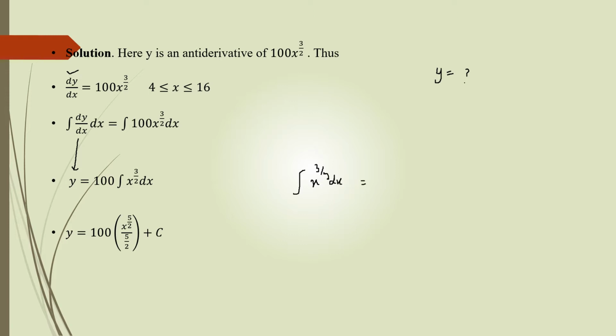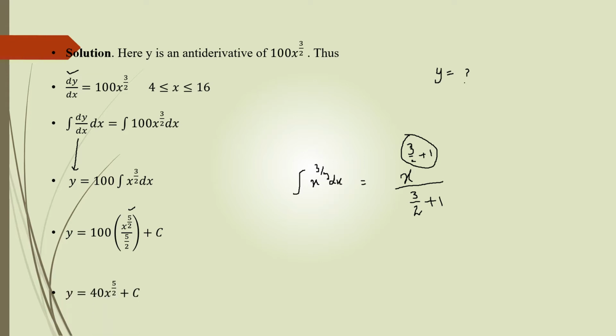It means that x to the power 3/2 plus 1, and the denominator will be the same, 3/2 plus 1. So the addition of 3/2 plus 1 gives us x^(5/2) divided by 5/2.